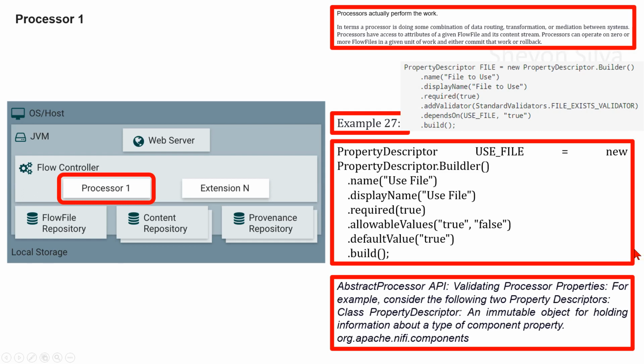Validation of a processor property can be achieved by setting a validator on a property descriptor, or by restricting the allowable values for a property via the PropertyDescriptor builder's allowableValues method, or identifiesControllerService method.